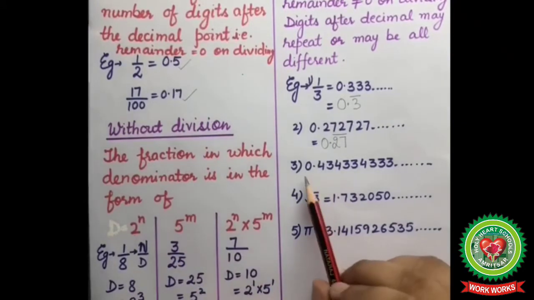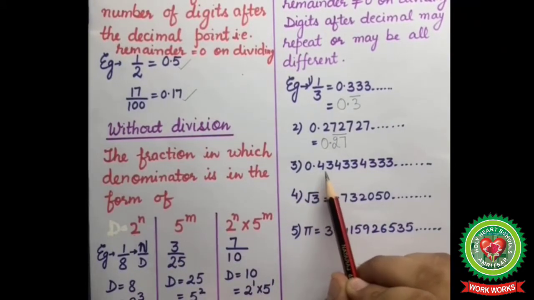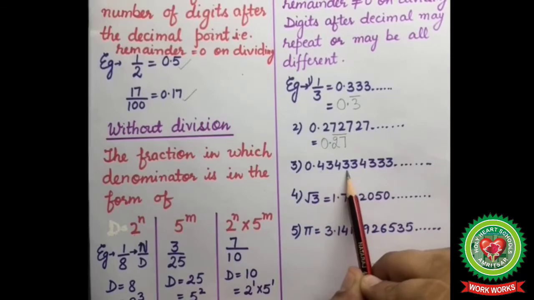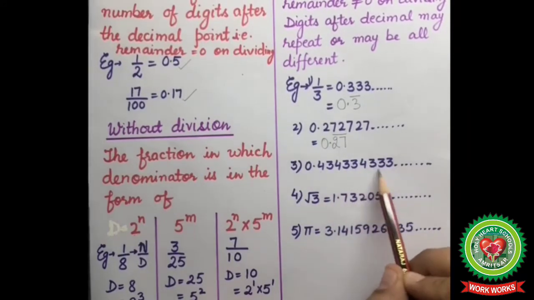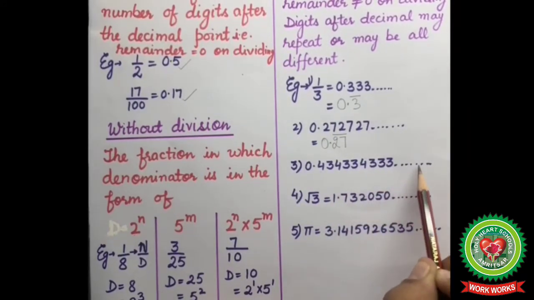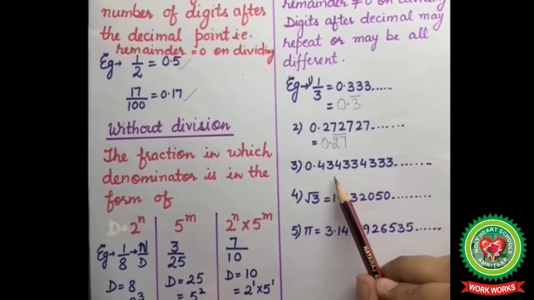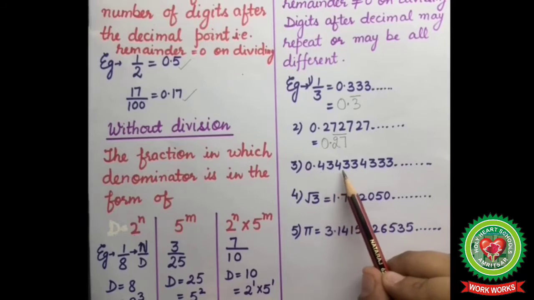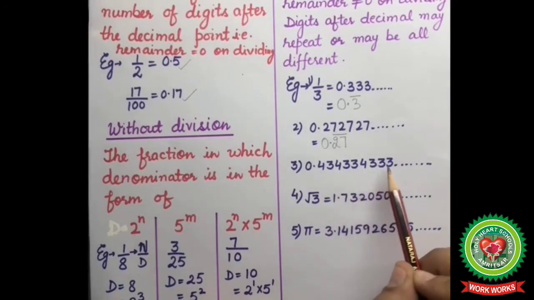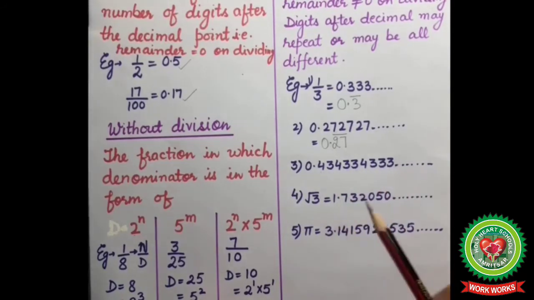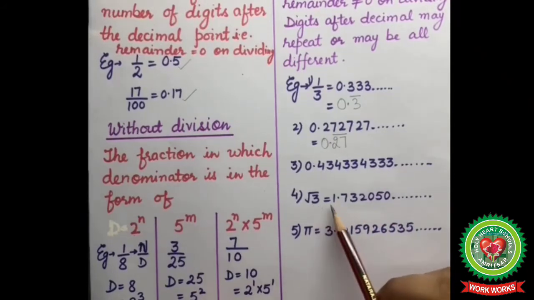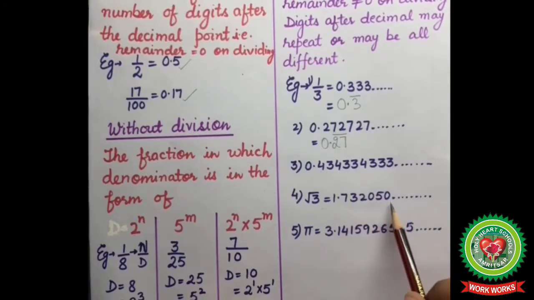Now the third example is 0.43433, and so on. Now in this case, no digit after the decimal is being repeated. Instead, one digit is being added again and again in the next step. Square root of 3 is equal to 1.732050, and so on.